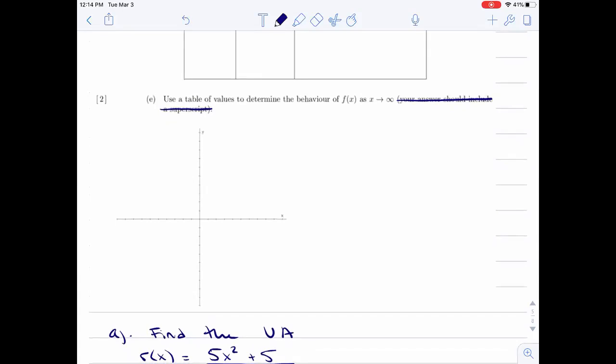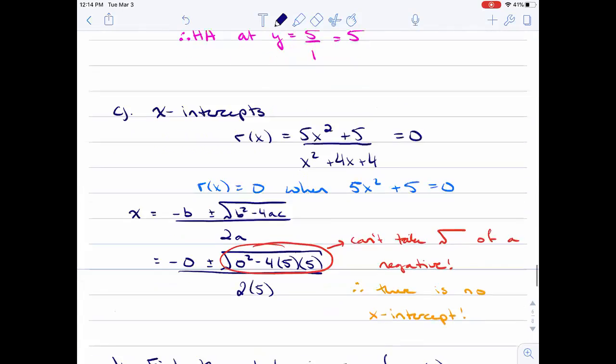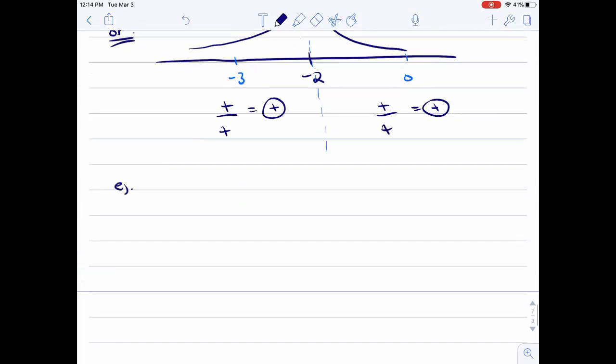All it's asking for is the behavior around the horizontal asymptote, but here it's always just going to flatten out around the horizontal asymptote. So part E, I'm going to say we can ignore this one.